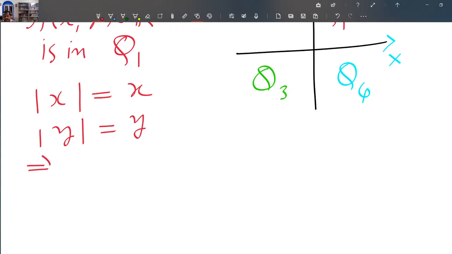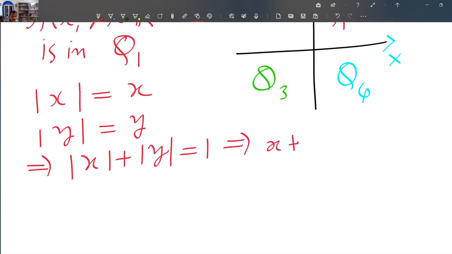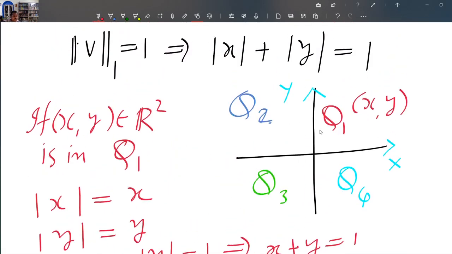So this implies modulus of x plus modulus of y equal to 1, implies x plus y equal to 1. This implies y equal to 1 minus x.